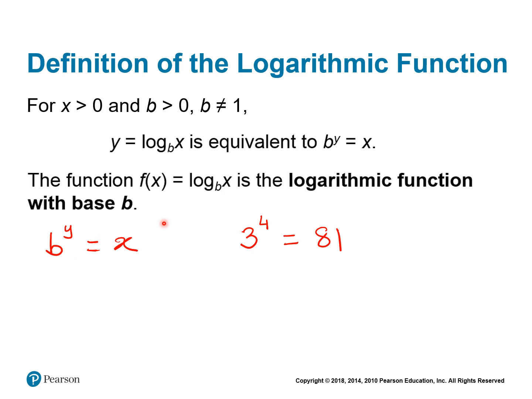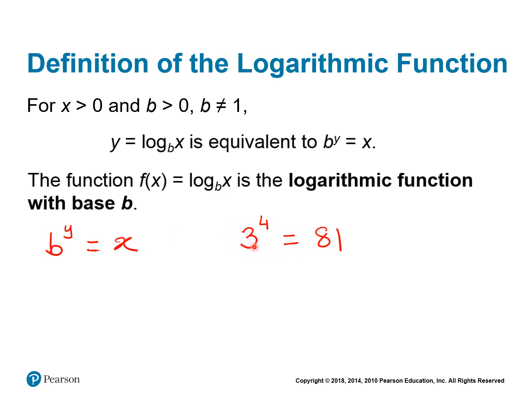So let's analyze this exponential form first. We see there is a b here. This b is referred to as the base. This base is raised to an exponent, which is y. So b to the power y, when we do the evaluation, will equal a value which is x. So here's our specific example.